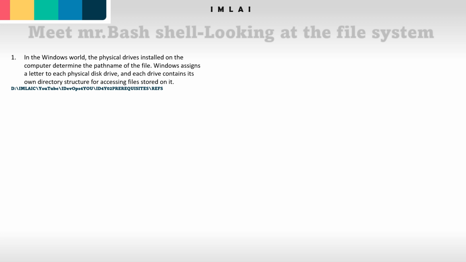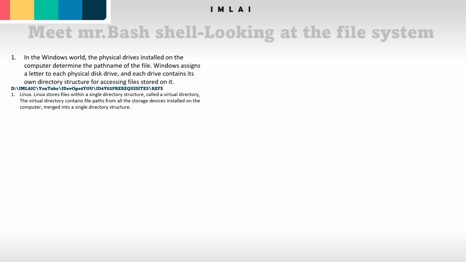Basically, Windows assigns a letter to each physical disk drive, and each drive contains its own directory structure for accessing files stored on it. And the Windows file path tells you exactly which physical disk partition contains the file named test.doc, just for an example.